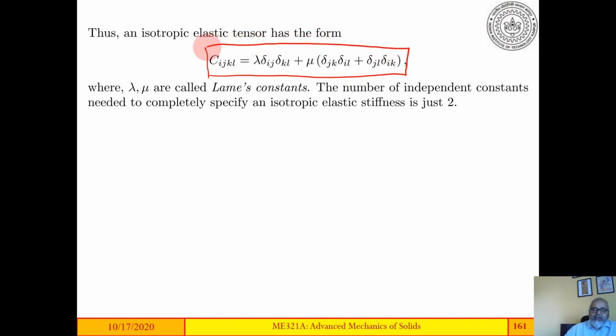This is the most general form which satisfies the minor symmetries of Cijkl. The quantities lambda and mu are called Lamé constants. These are important material parameters that you will have to determine experimentally in order to characterize a linearly elastic isotropic material completely.